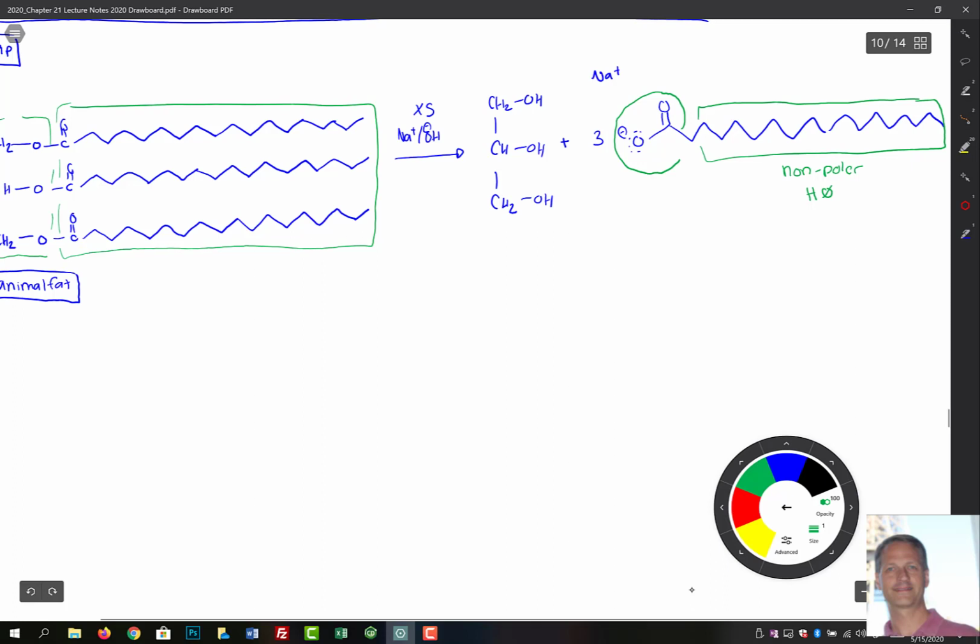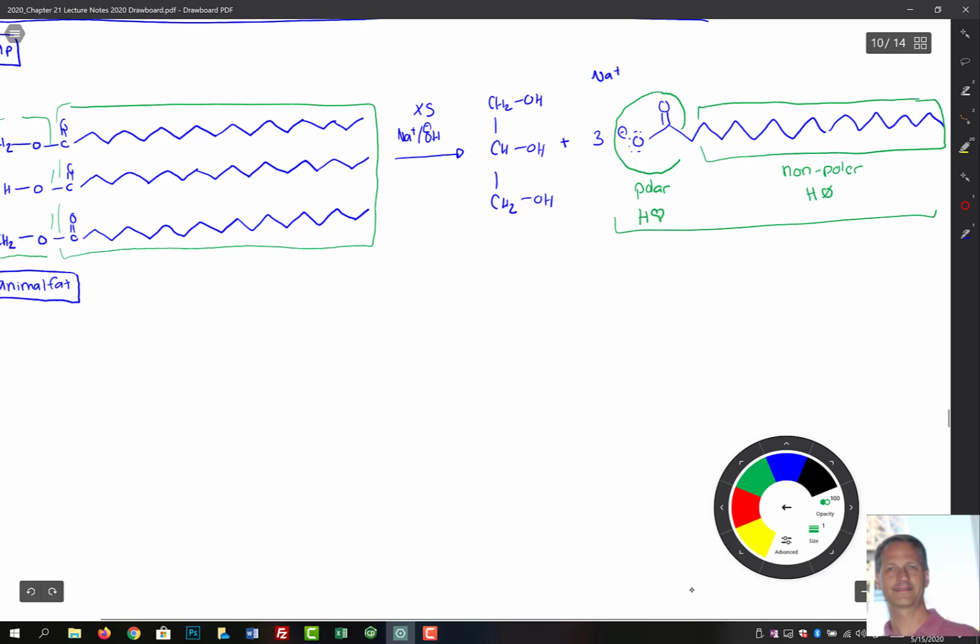That's a shorthand notation for hydrophobic. This group over here is polar, and polar groups like water, so we call it hydrophilic. Little heart there for hydrophilic. We're going to talk about how this organizes itself in a solvent like water in a second.